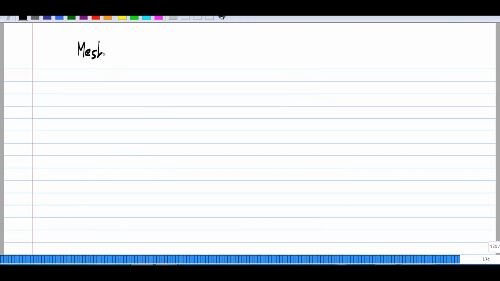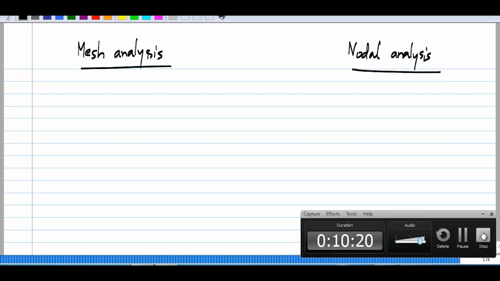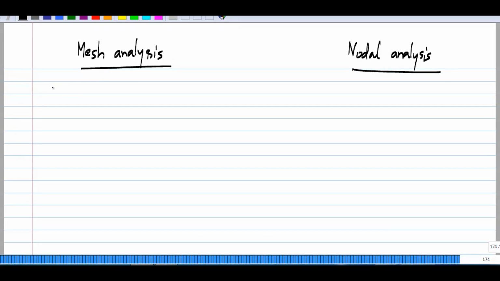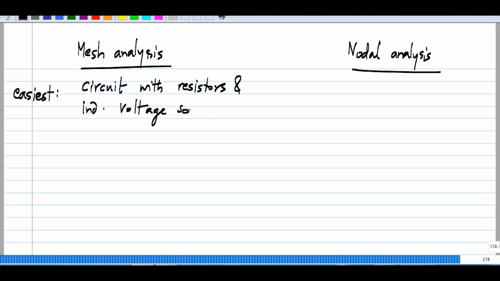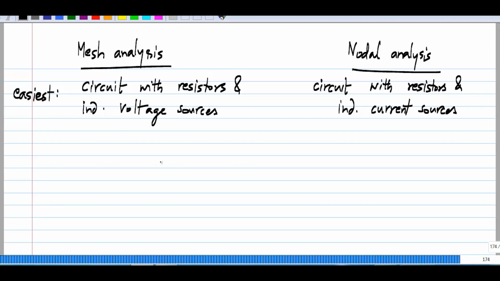So if you compare the two, mesh analysis is easiest when you have a circuit with resistors and independent voltage sources, and nodal analysis is easiest for circuits with resistors and independent current sources.